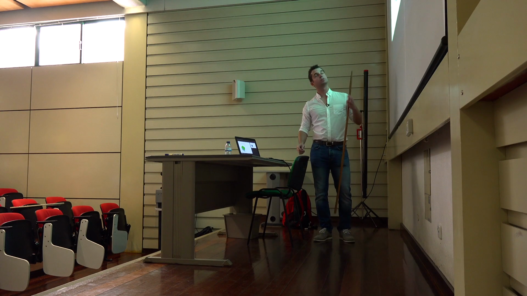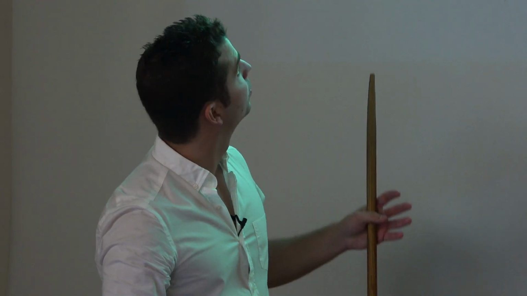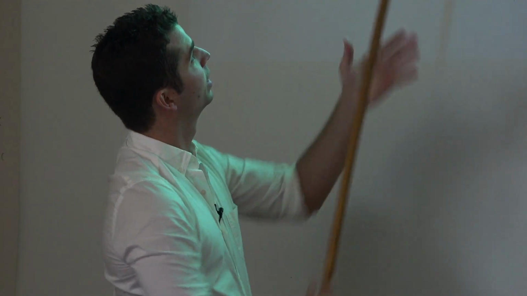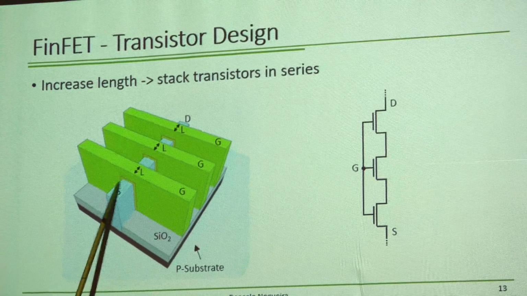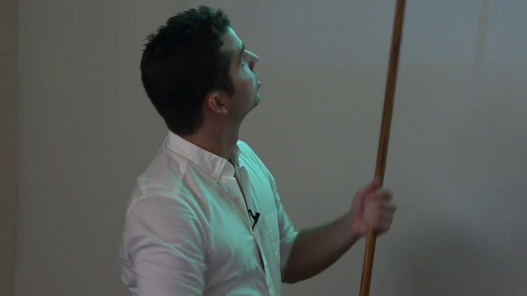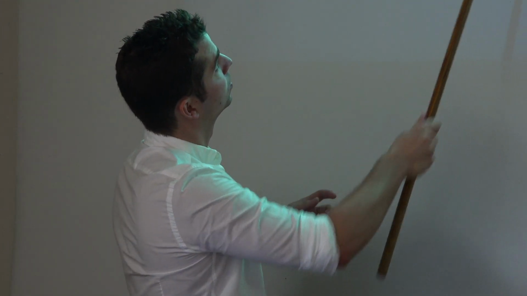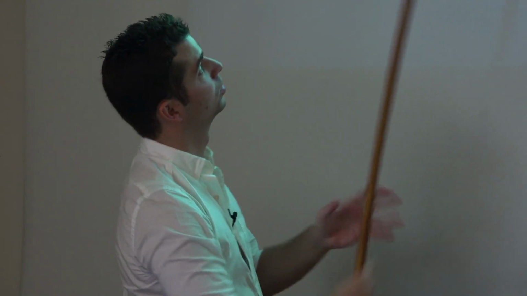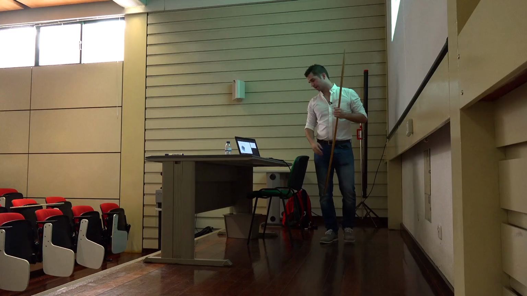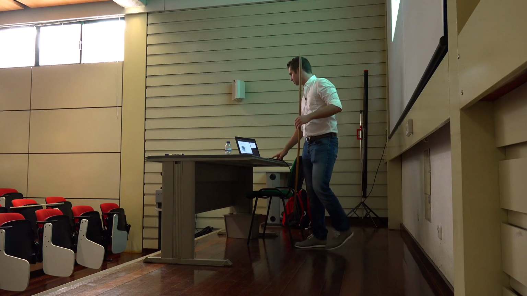You can also imagine, like I did before, that you grab all the gates and you push them together, then you have a 3L transistor. You join all the yellow parts, and it becomes a 3L transistor.